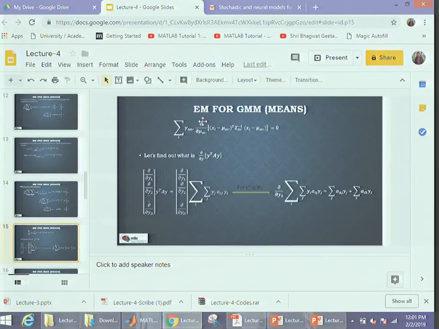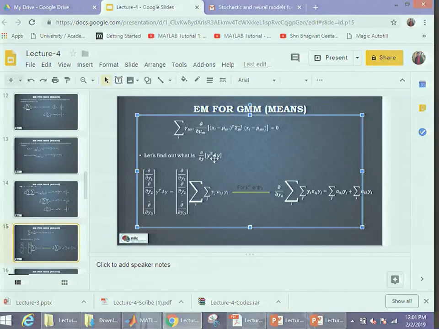We take the derivative with respect to the vector present in this. You can do a change of variable and assume that y is equal to xi minus mu m, and take the derivative with respect to y, and then simplify. Even so, we have to find this term, the derivative of y transpose A y with respect to y. So how do we do that?